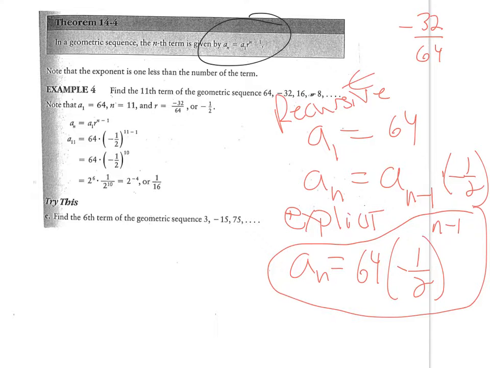If I wanted to find the 11th term, you can look at the example they did here. Maybe I ought to walk you through it. To find the 11th term in the sequence, we're going to take the first term times -1/2 raised to the 10th power, because it's n minus 1. I'm looking for the 11th term, so 11 minus 1 is 10.